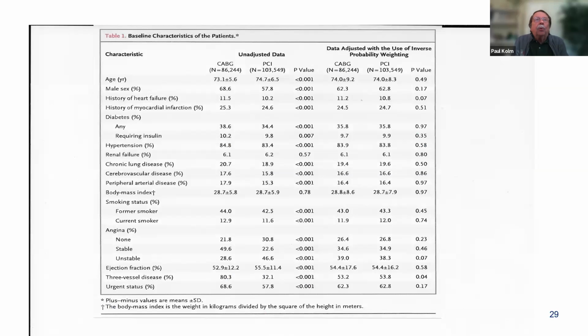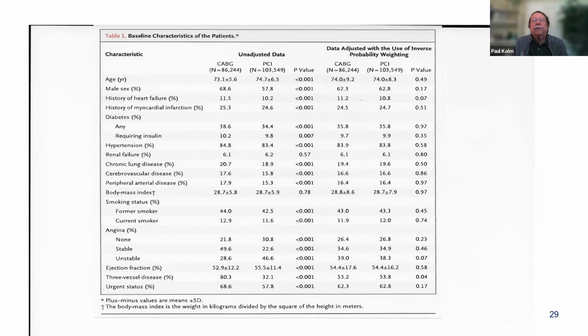And here is our Table 1, where we have the unadjusted data, and you can see that on a number of demographic and clinical variables, they differ on virtually every single one of them, except for a couple. After we used inverse probability weighting to adjust for these differences, you can see that they're quite close, and that except for one, there's no statistically significant difference between the two groups.